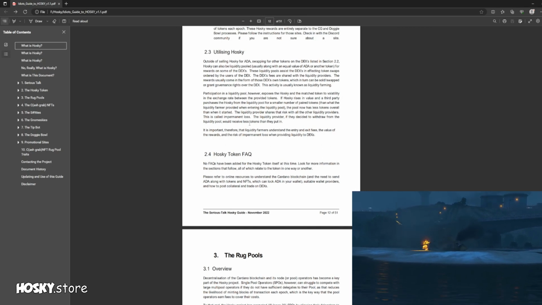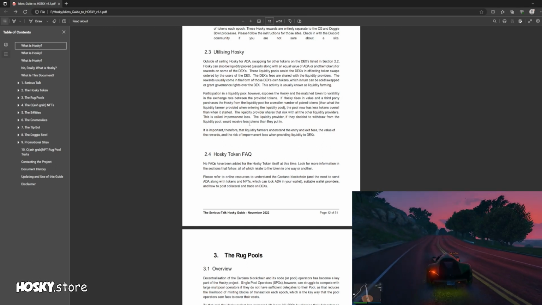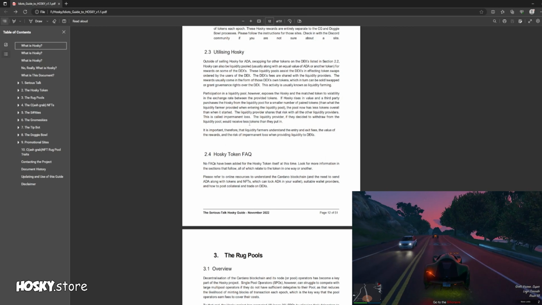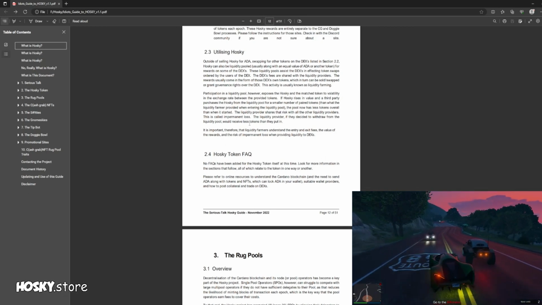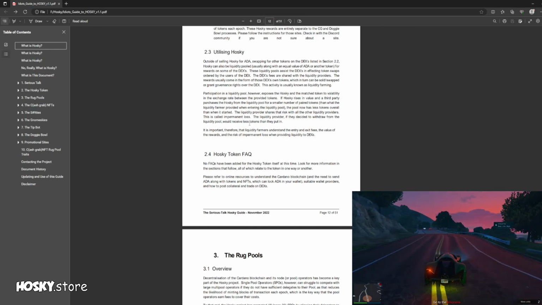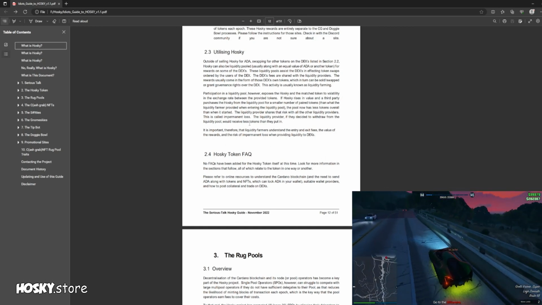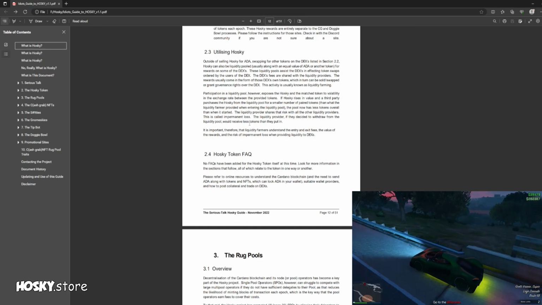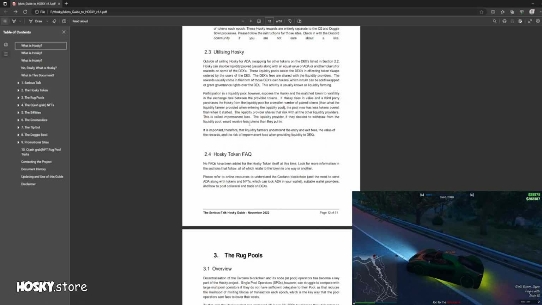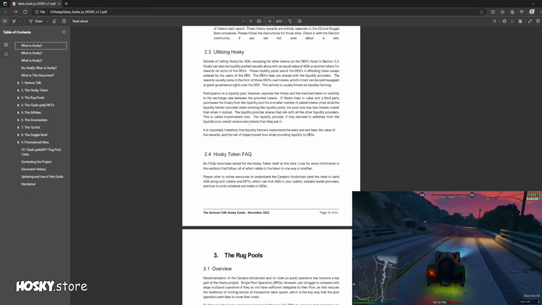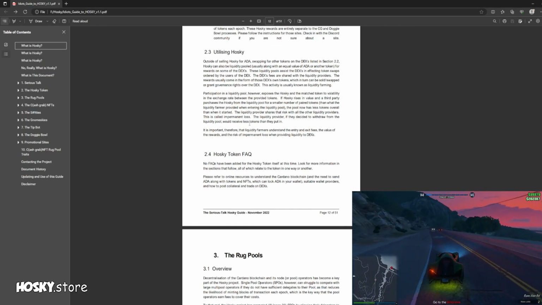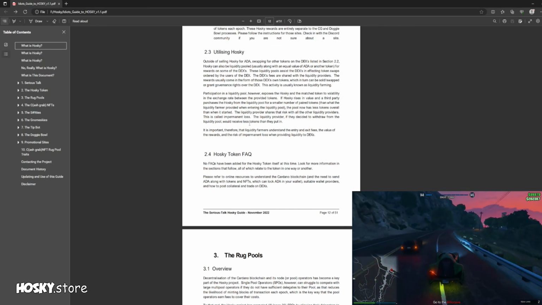Participation in a liquidity pool, however, exposes the Hosky and the match token to volatility in the exchange rate between the provided tokens. If Hosky rises in value and a third party purchases the Hosky from the liquidity pool for a smaller number of paired tokens than what the liquidity farmer provided when entering the liquidity pool, the pool now has less tokens overall than when it started.